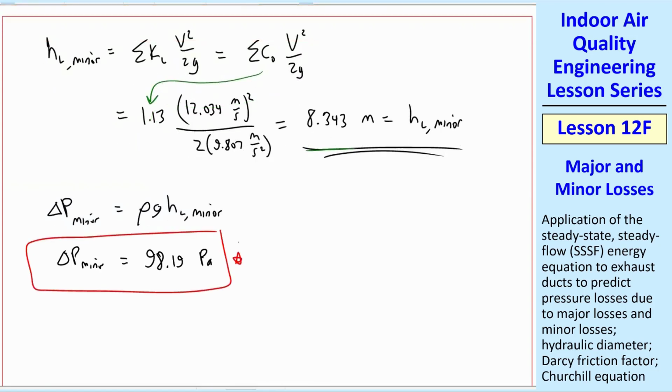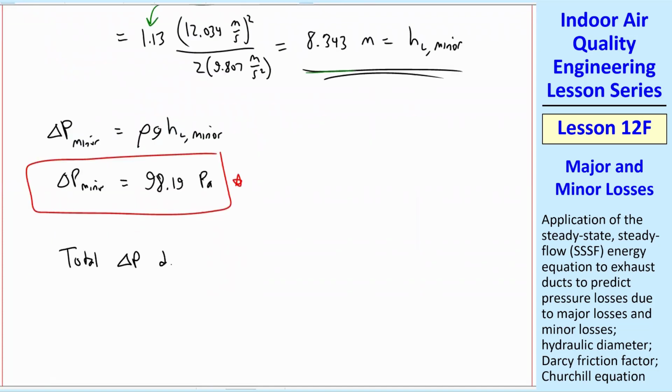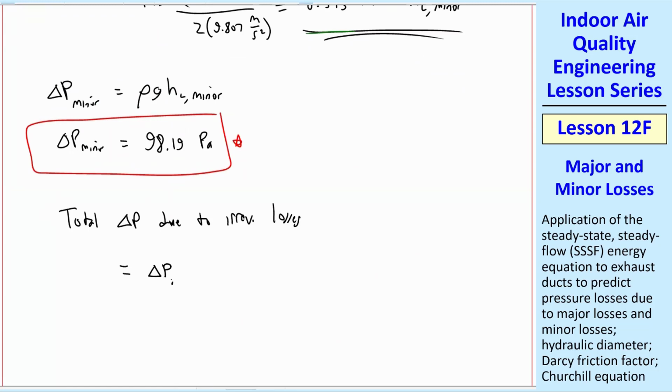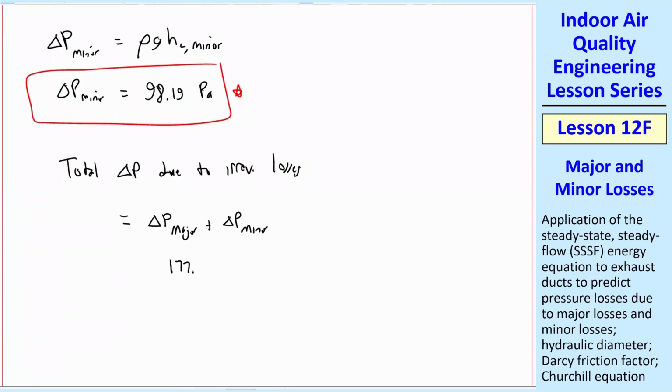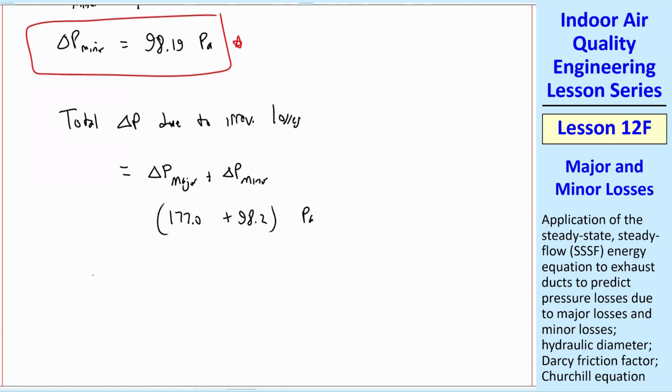And then finally, the total delta P due to irreversible losses is delta P major plus delta P minor, 177.0 plus 98.2. These are all in pascals. So our final answer, delta P for all these losses, is equal to 275.2 Pa at Q equal 0.50 meter cubed per second. So just a preview of coming attractions.